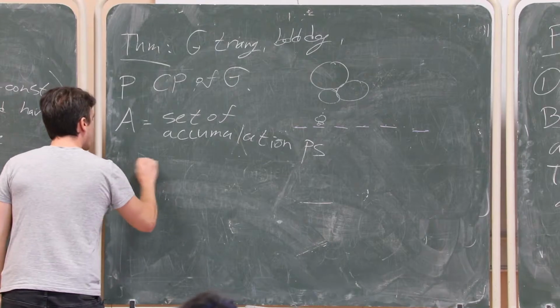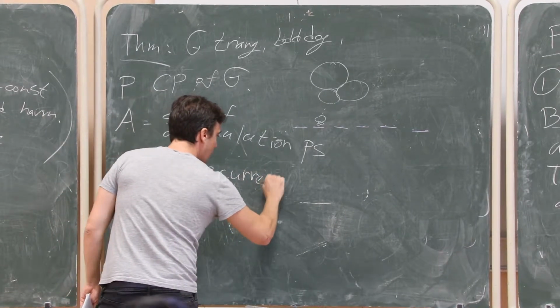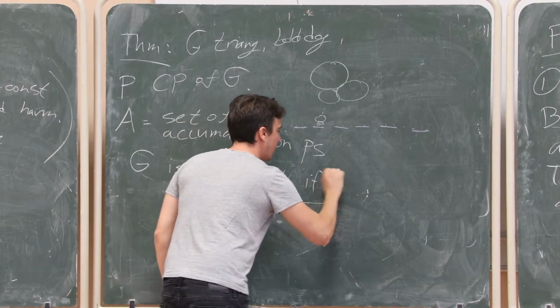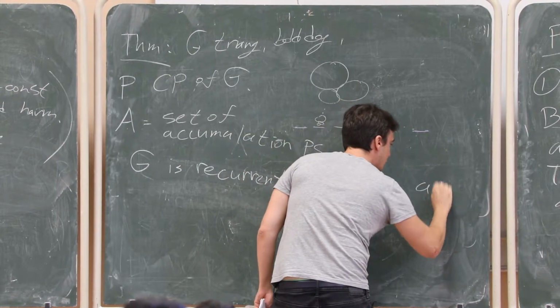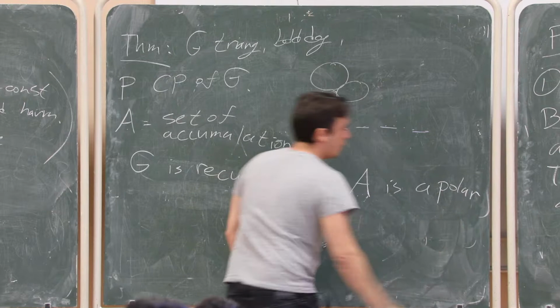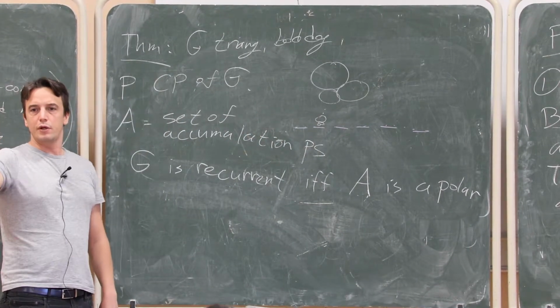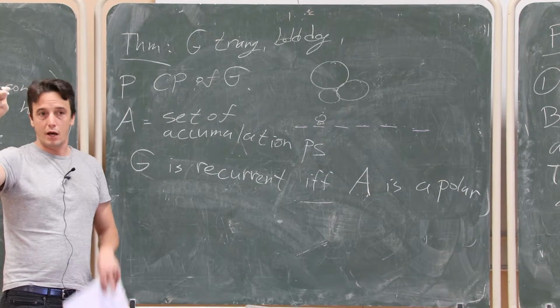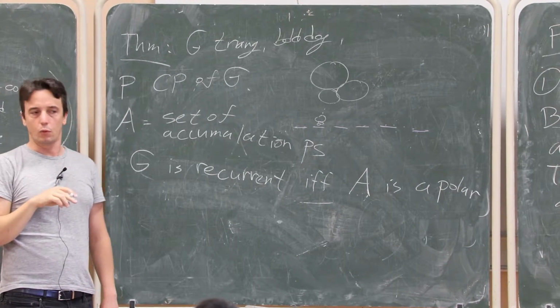G is recurrent if and only if A is a polar set for 2D Brownian motion. Which means that A is a set that if you start two-dimensional Brownian motion in the plane outside of this set, you will not intersect it with probability 1.